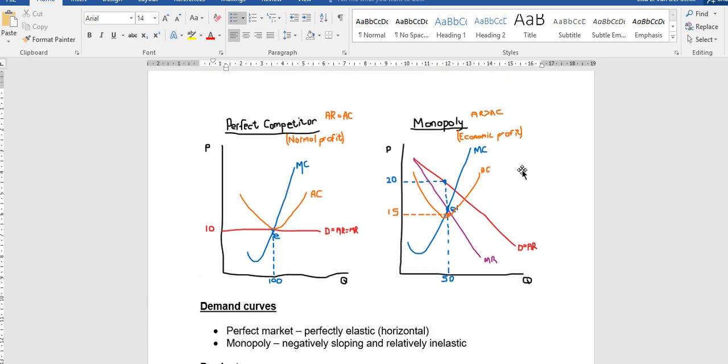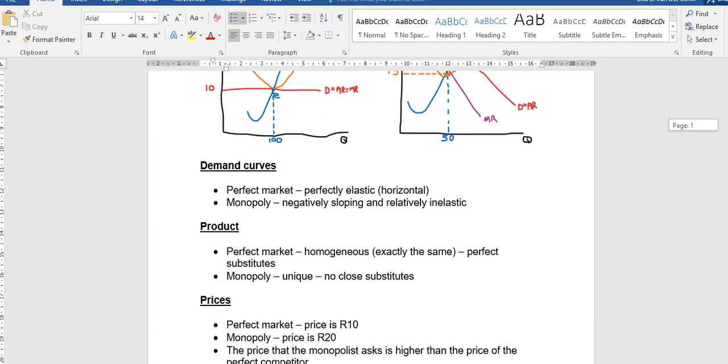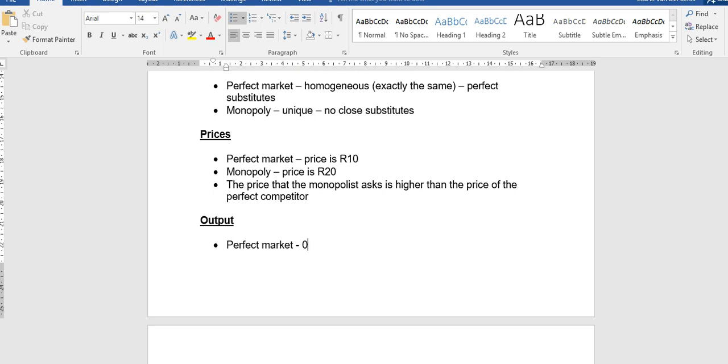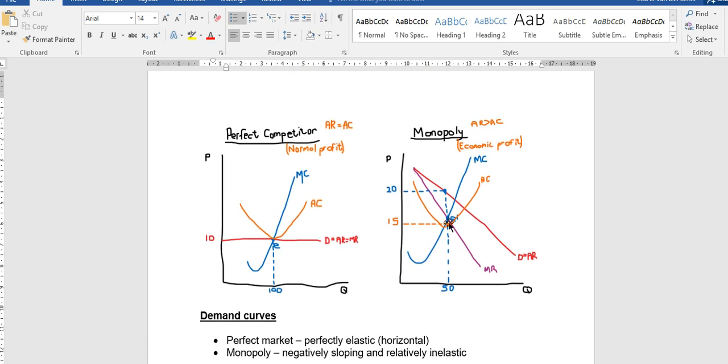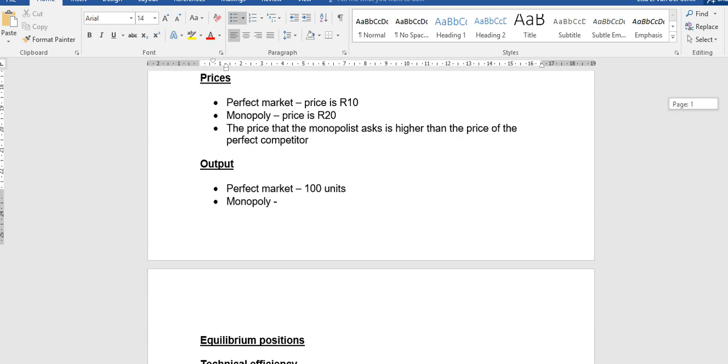When we go up to the graph, profits are maximized here by point E. What is my profit maximizing output? It is 100 units. So at my equilibrium point, my perfect market is producing 100 units. In the monopoly market structure, we go back to the graph. We can see that at my profit maximization point, my profit maximizing output is only 50 units.